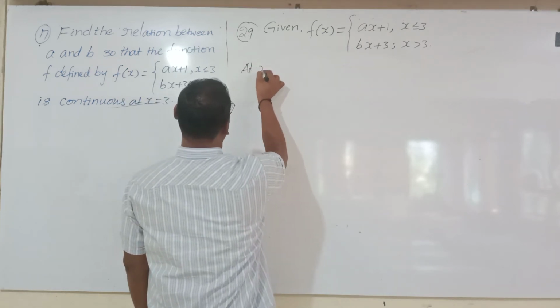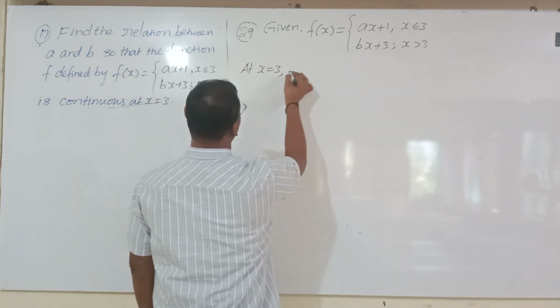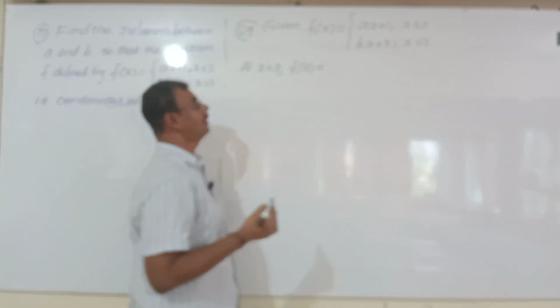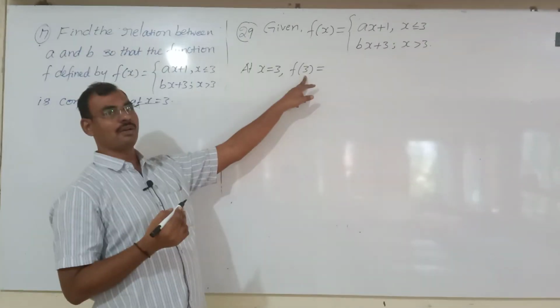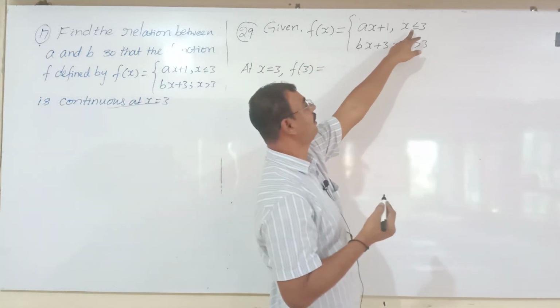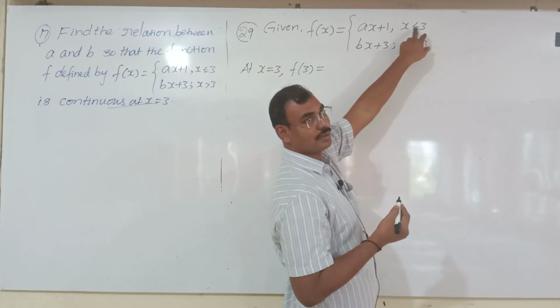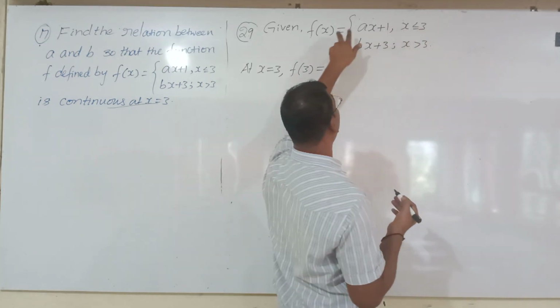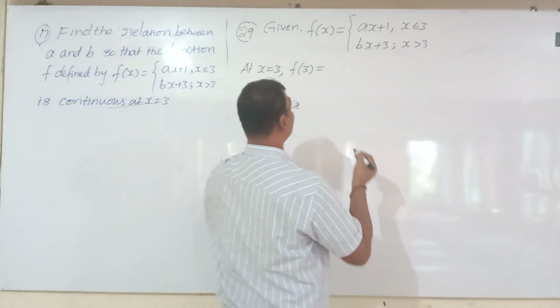Now at x equal to 3, what is f of 3? When x is smaller than or equal to 3, the function is ax plus 1.